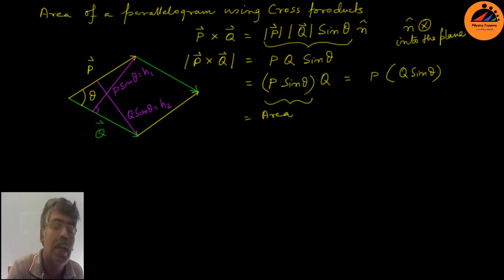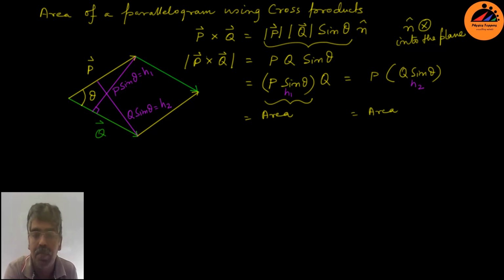Then what you are doing is you are multiplying the base, which is p, times the height. Here, p sine theta is h1 and q sine theta is h2. So again, this is also the area. So it's the same area of the parallelogram.